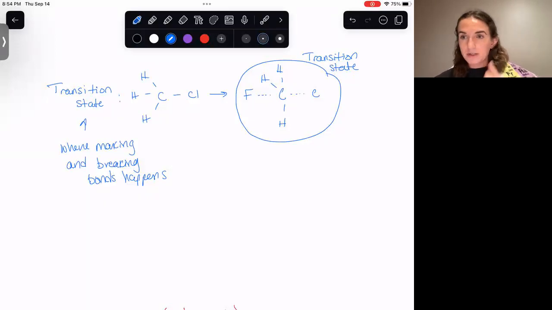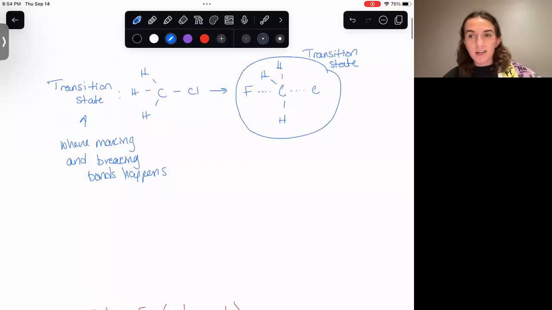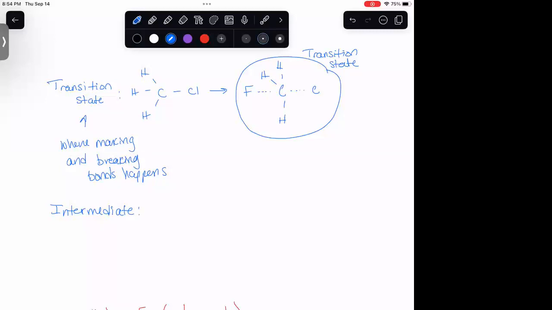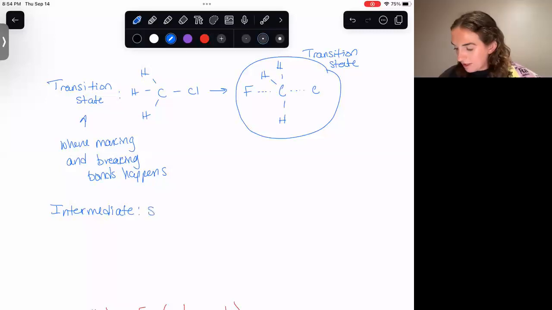It'll only exist as a reactant, a product, or an intermediate. So a transition state is an in-between, whereas an intermediate, that might be spelled wrong but that's okay, how can you describe an intermediate? It's stable. Yep, so this would be a stable state before the final product.